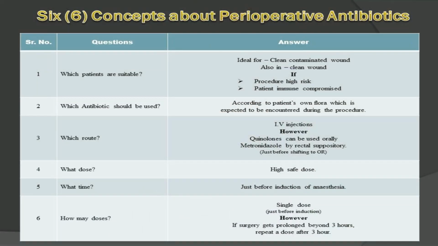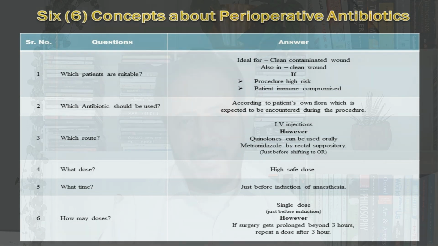Therefore, unless the procedure is very long, generally only 1 dose is enough. But if procedure goes beyond 3 hours, then probably a repeat dose should be given, right? So these were the 6 key concepts about how, when, where, which antibiotic to use and at what time.